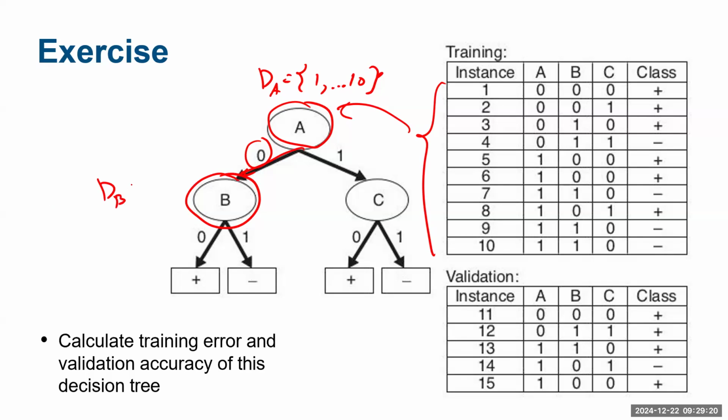The data at node B are the data where A equals 0, so for B you only look at 4 data points. So you split your data set at node A, and as you go down the tree, you only look at a smaller set of data. That is the definition of Dt.